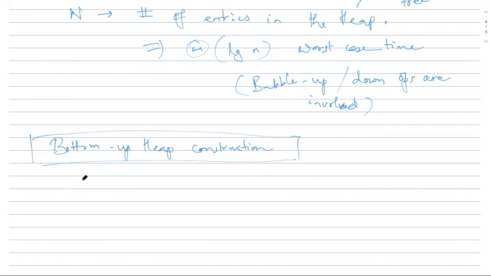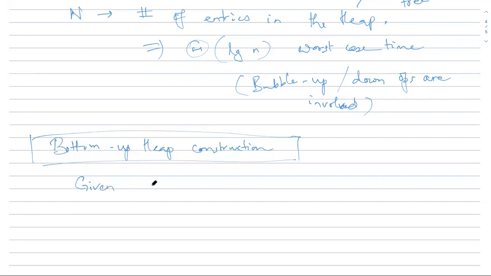So remember one of the properties that we are interested in is that we want the entries to be very flexible. So entries can come at any time, and we should be able to quickly maintain the heap order property.